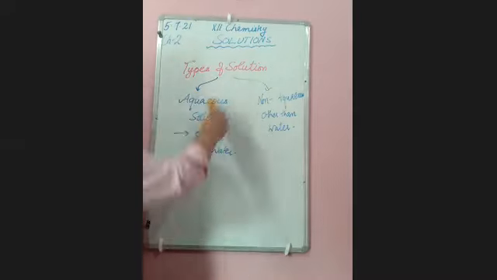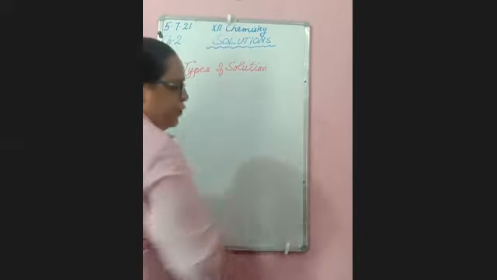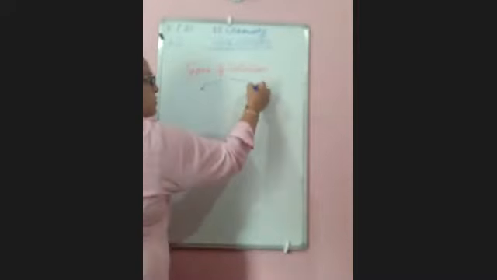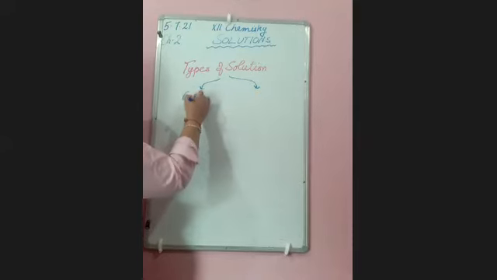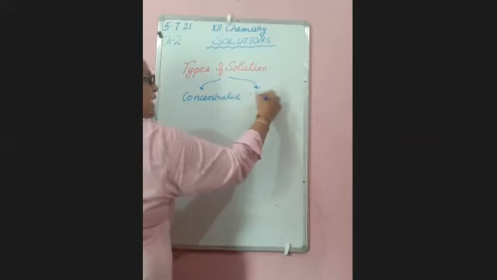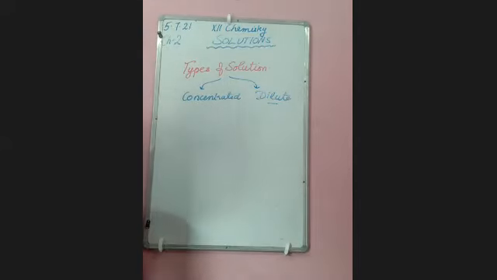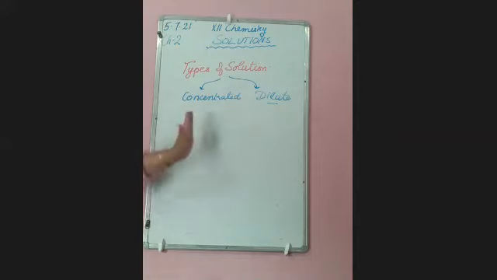Next, types of solution on the basis of amount of solute. According to this, it is concentrated and dilute. Dilute is where the amount of solute is less and amount of solvent is more. And concentrated means here the amount of solute and solvent are almost comparable.